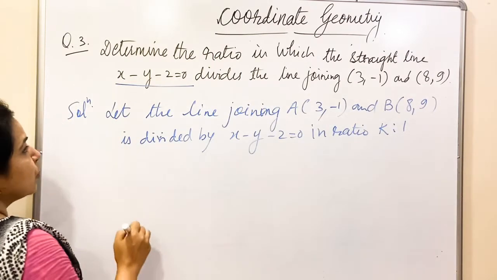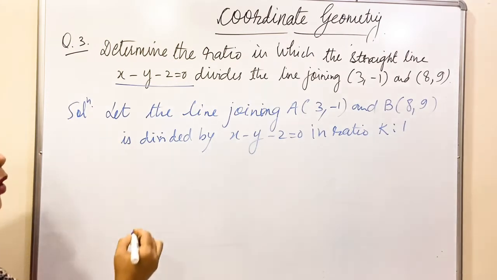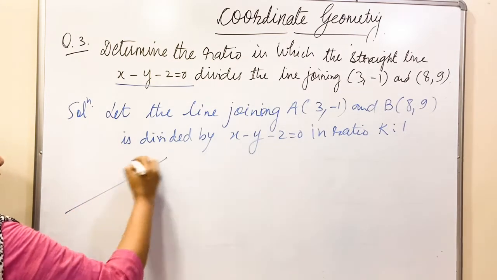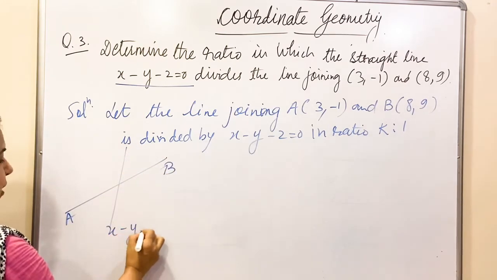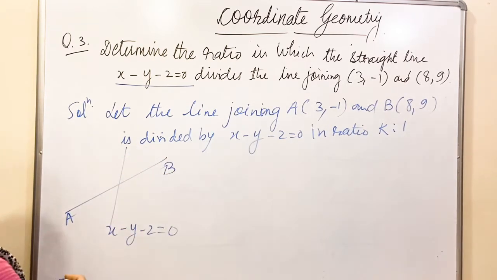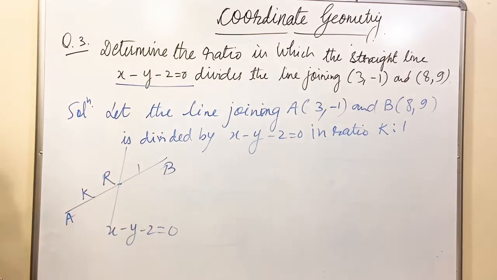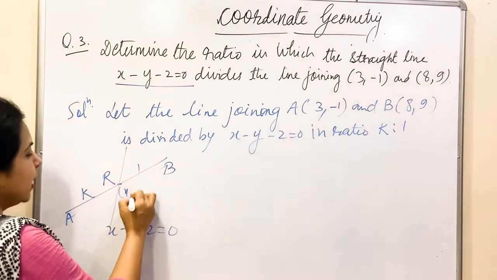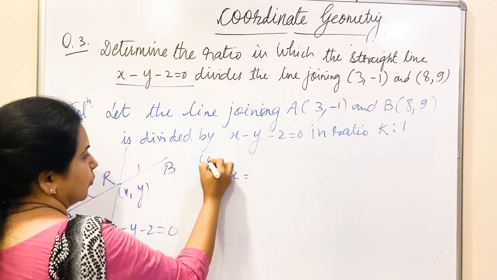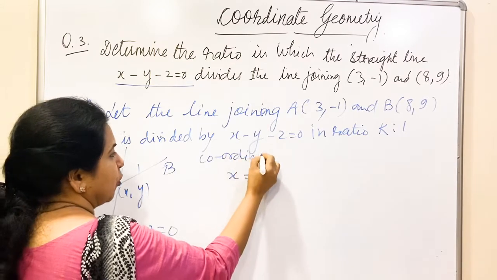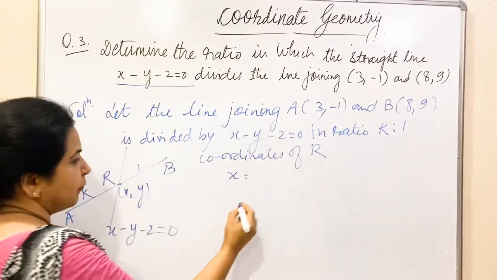Now the line joining AB is divided by x minus y minus 2 equals 0 at a point, suppose R, in the ratio k is to 1. So we find the coordinates of R by the section formula.